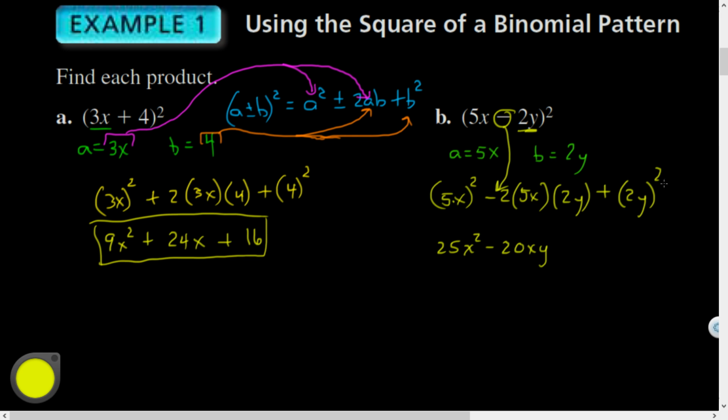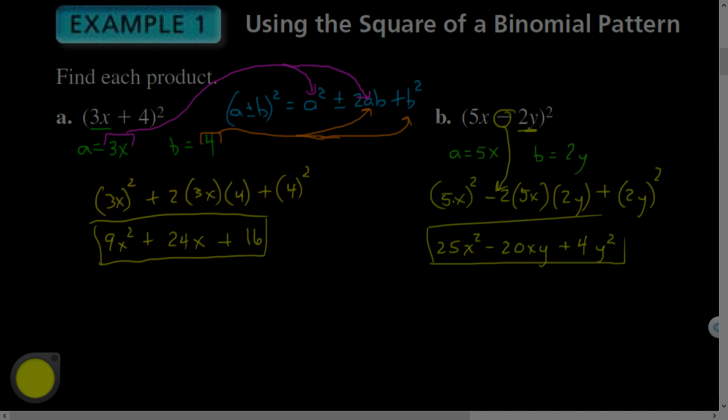And plus 2y squared, so 2 squared is 4, and y squared is y squared. So this is the idea. Label your a and b, plug them into the pattern, and simplify.